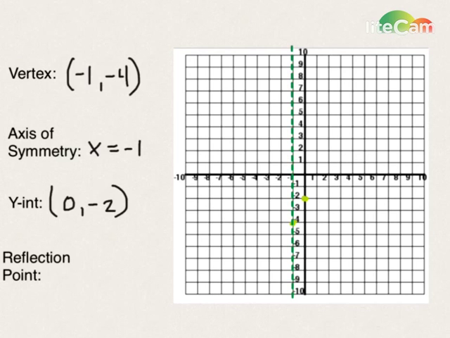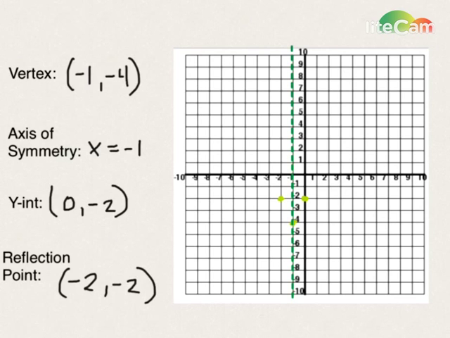So all I have to do is count how far away the y-intercept is from the axis of symmetry. And it's exactly 1 point to the right, so then my reflection point is going to be 1 point to the left of the axis of symmetry. And that point there is negative 2, negative 2.